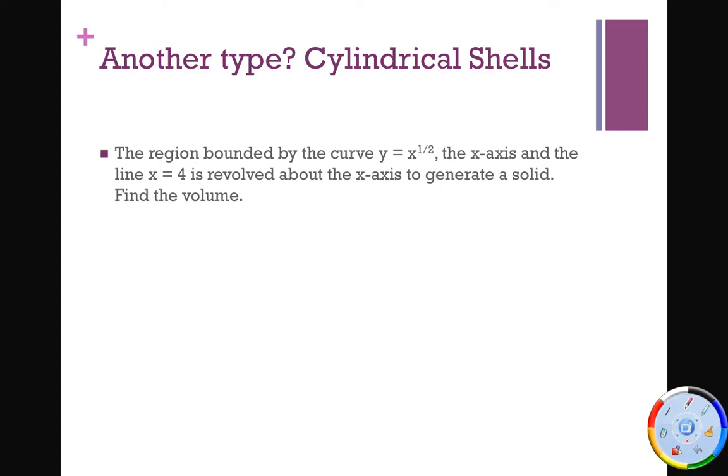What about this one? There's another way to solve this problem, and this has to do with cylindrical shells. So you have to remember that the volume of a cylinder is pi r squared h.